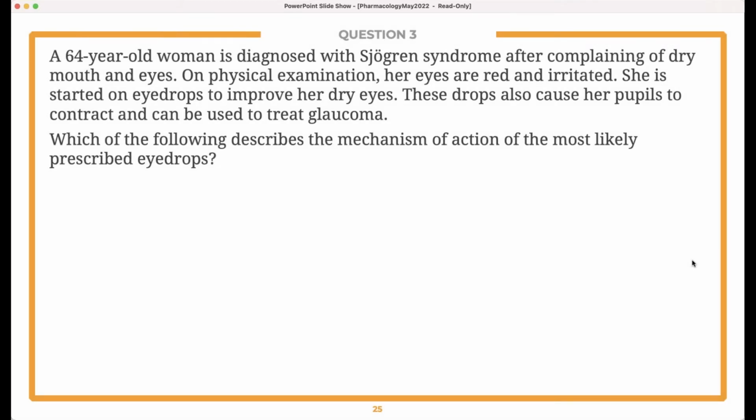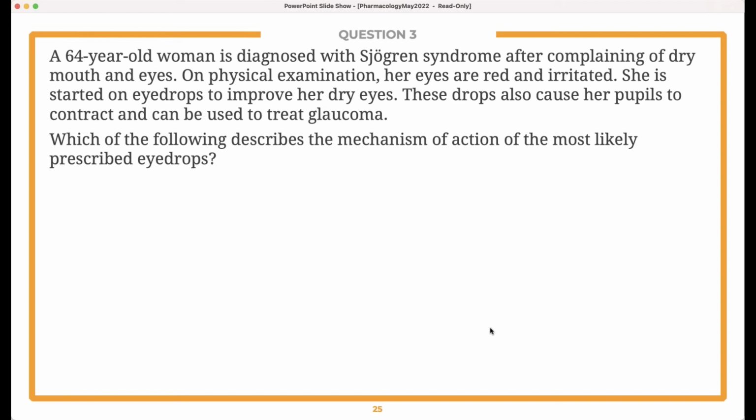So again, one more time, answer choices are covered up and we read the lead-in. Which of the following describes the mechanism of action of the most likely prescribed eye drops? Think about the kind of information you're going to try to glean from the vignette as we read that.